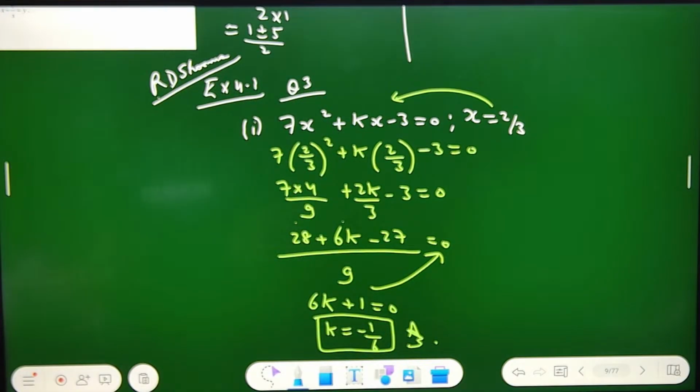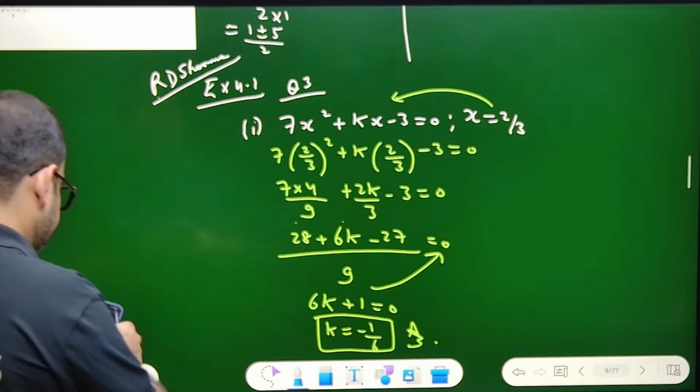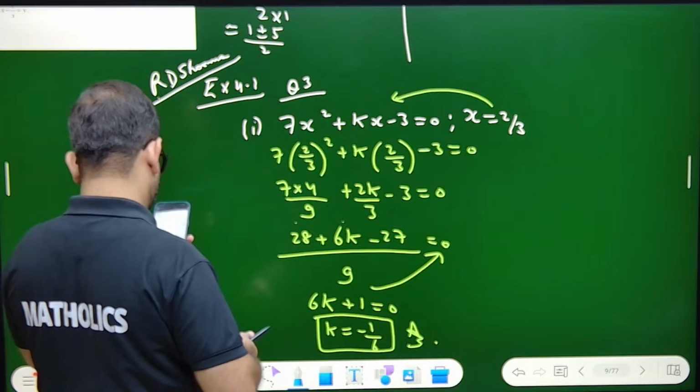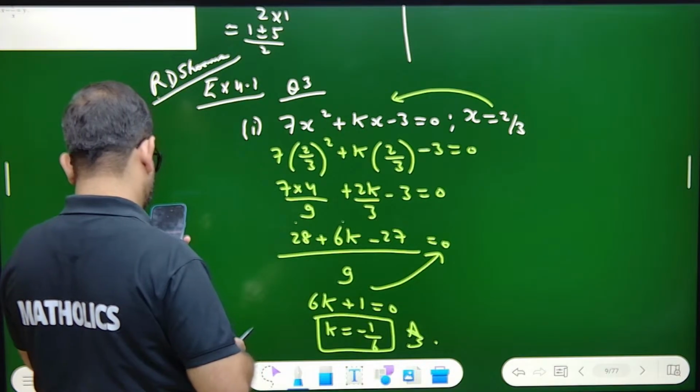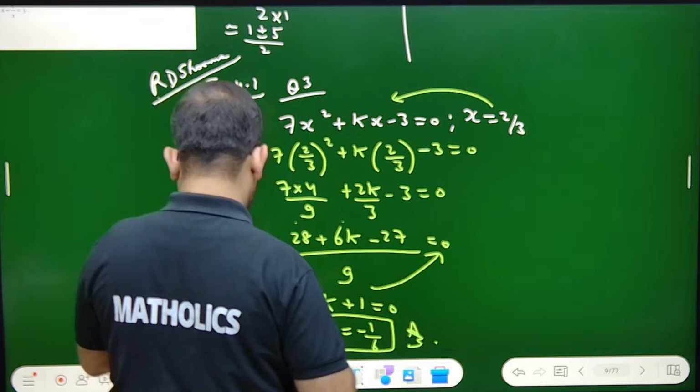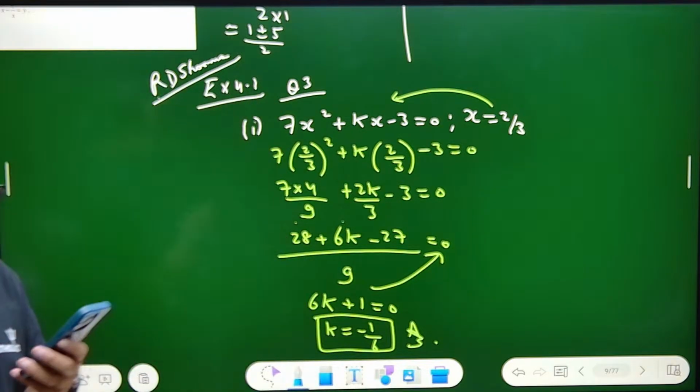So that's it for today. Third sum of exercise 4.1.